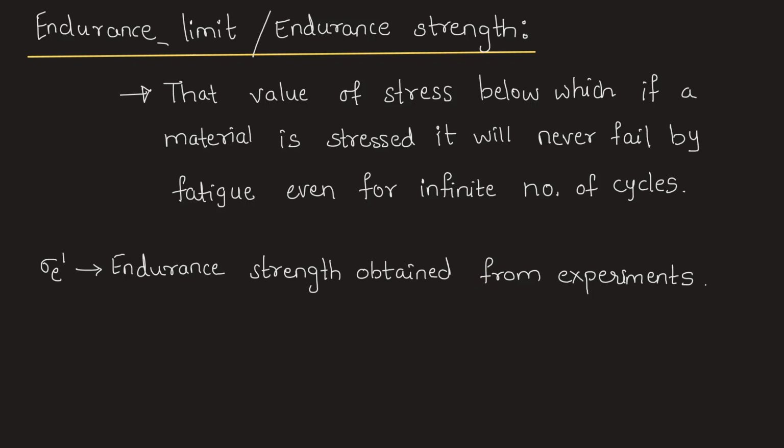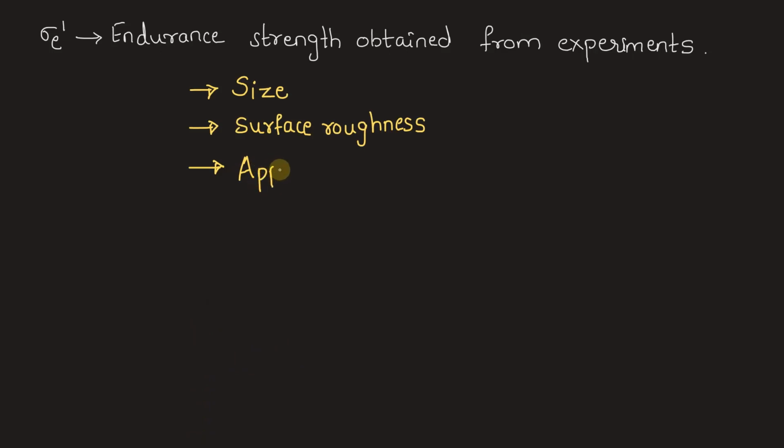Also, endurance strength is evidently a property of the material, but there are other factors which affect it, namely the size of the object or body made of the material, its surface roughness, the applied load, and the temperature in which that object or body is kept.